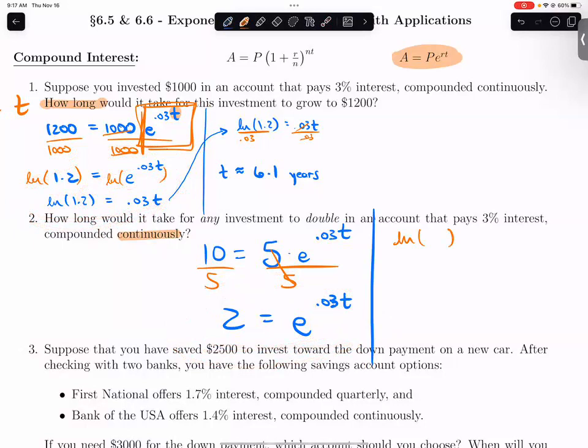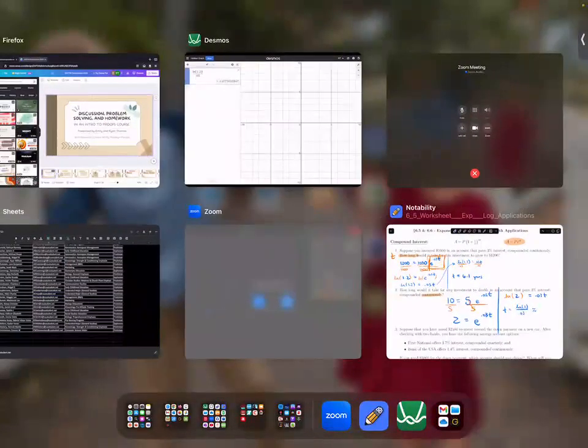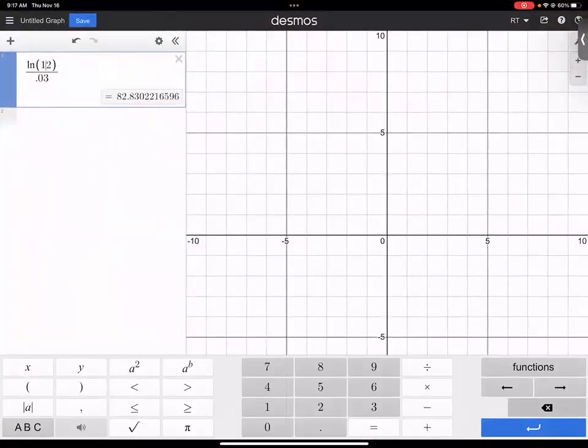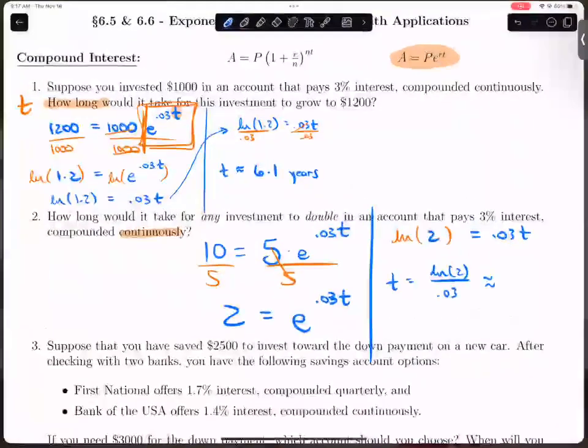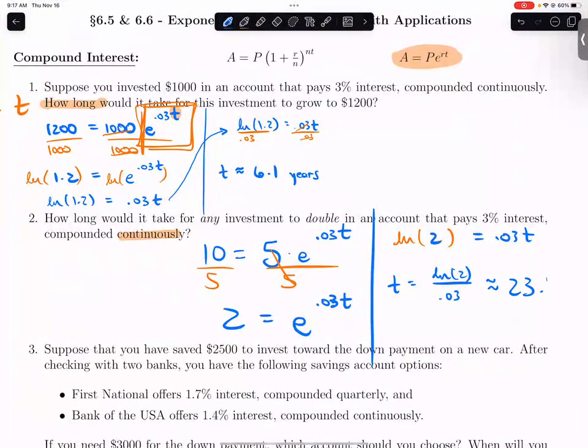Natural log of 2 is 0.03 T. So T is the log of 2 divided by 0.03. 23.1 years.